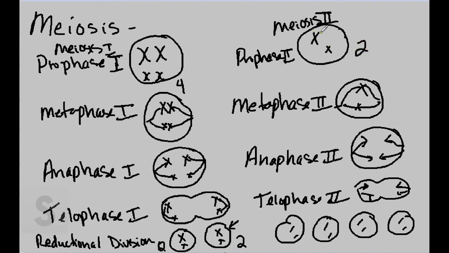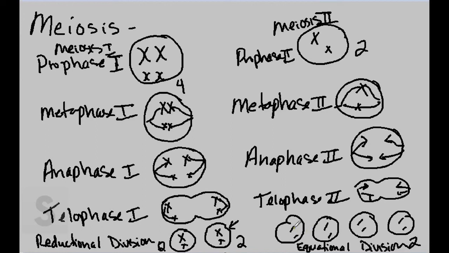Remember, these 2 are identical to one another. We end up with 2 chromosomes in our daughter cells, 1 and 2. So this is known as equational division, because it's equal. You start out with 2 and you end up with 2.